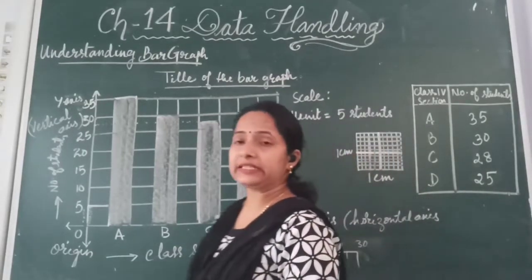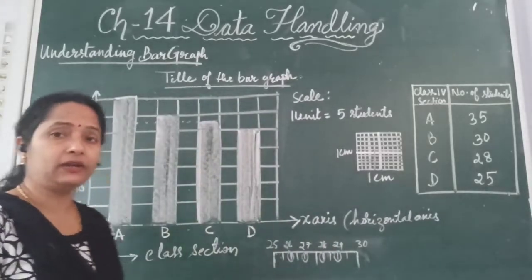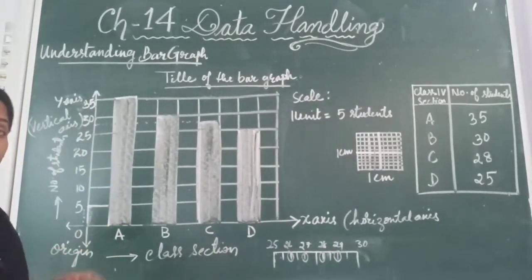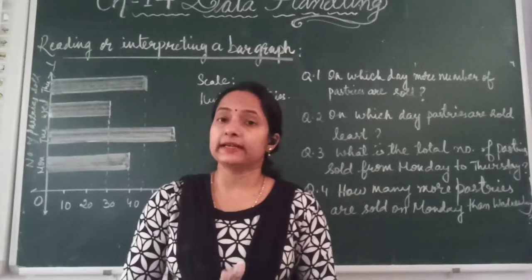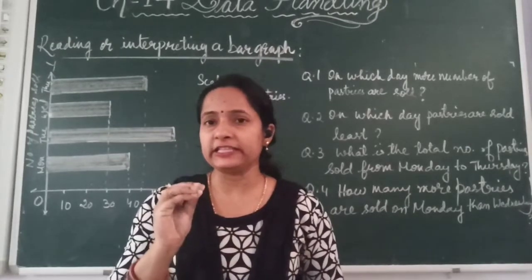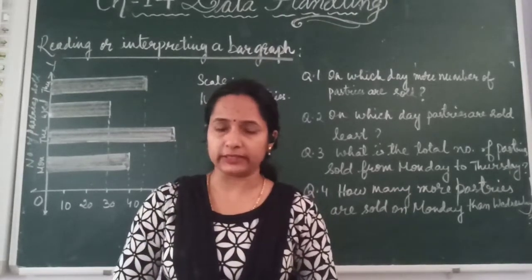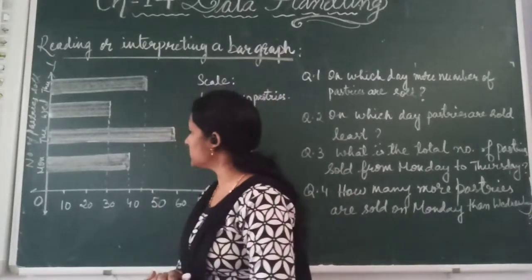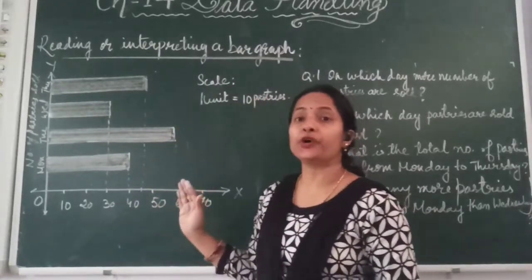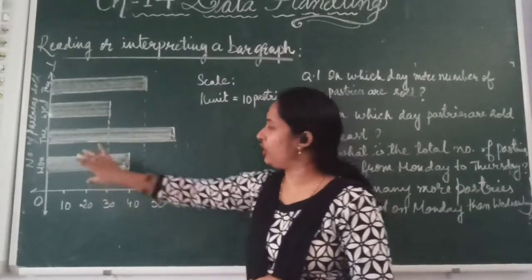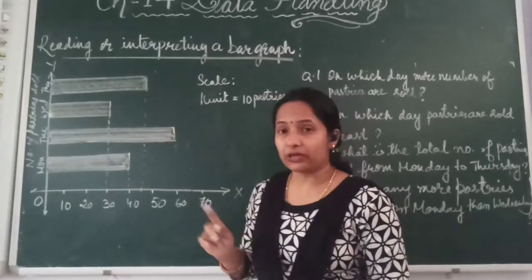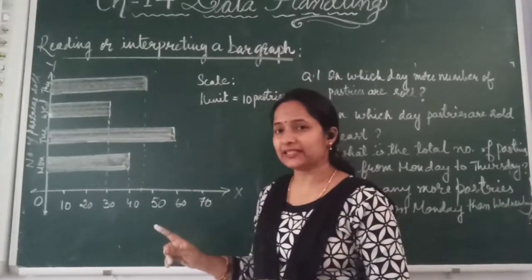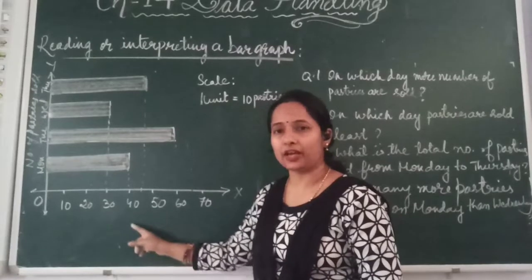So let us understand the interpretation of data with the help of a horizontal bar graph. Now children, let us understand how to read a bar graph. As you see here, I have drawn a horizontal bar graph. All the bars are horizontal. You can clearly observe that in this case the numerical data is taken along the x-axis.